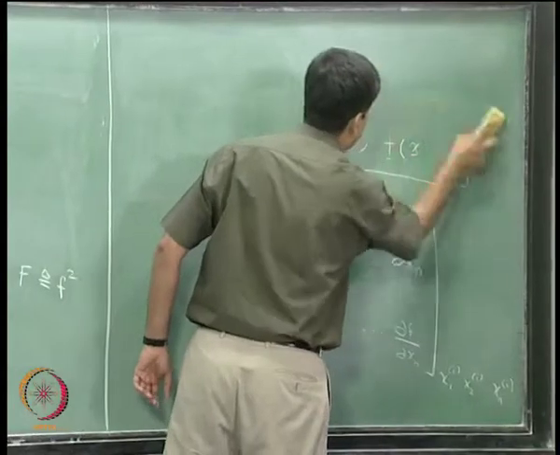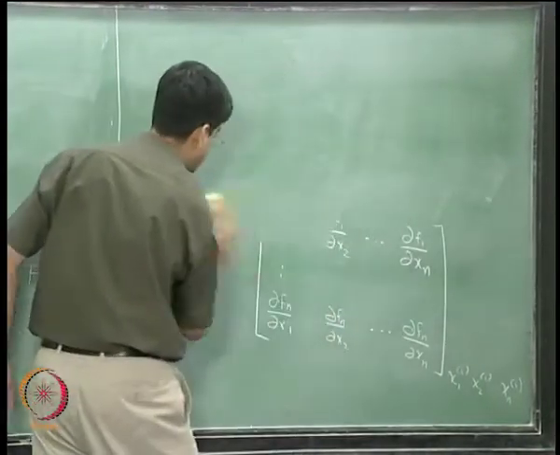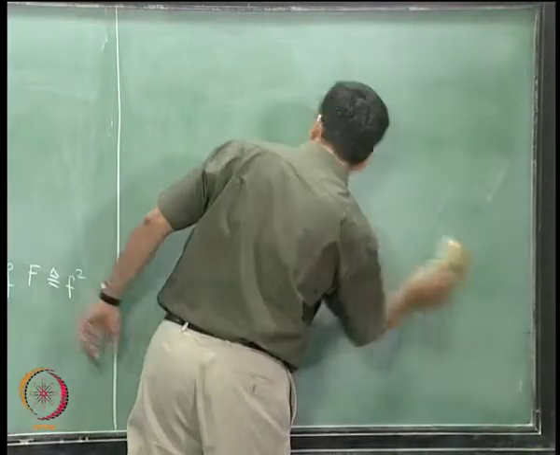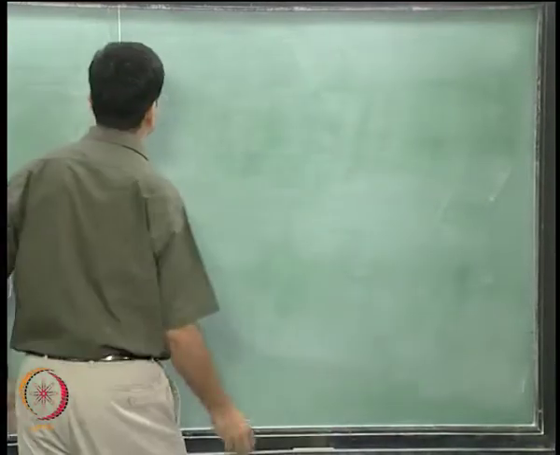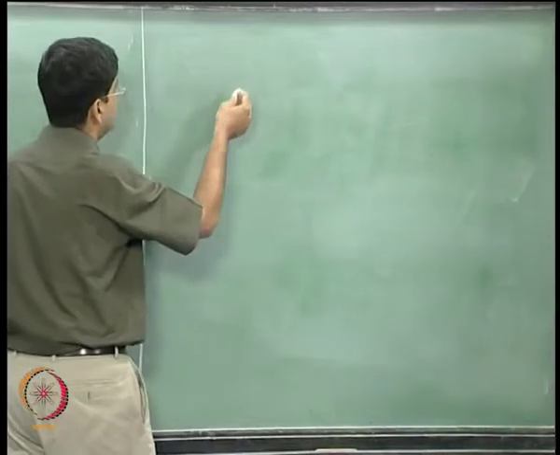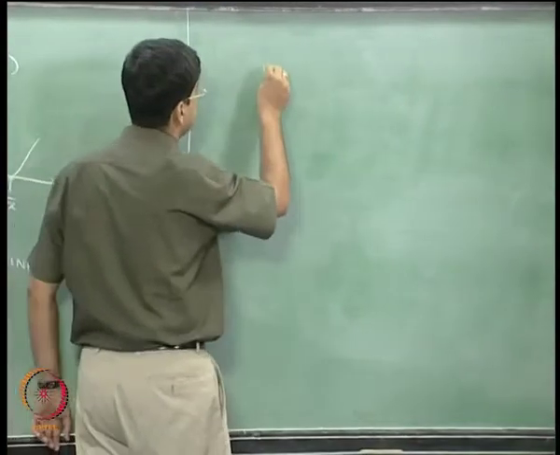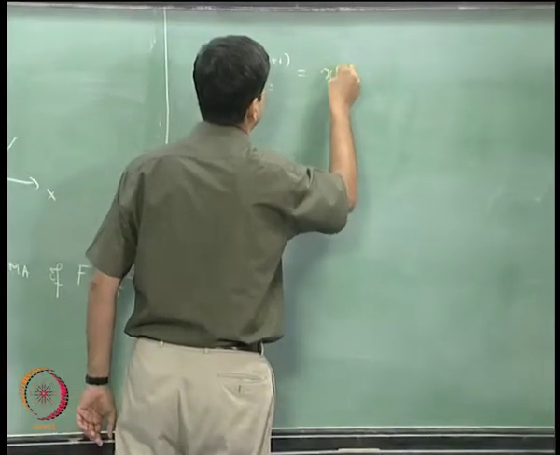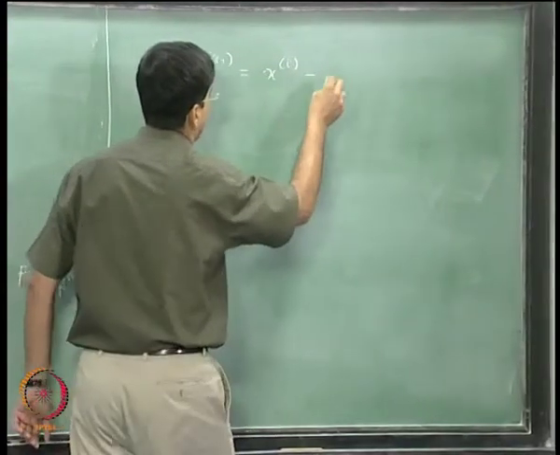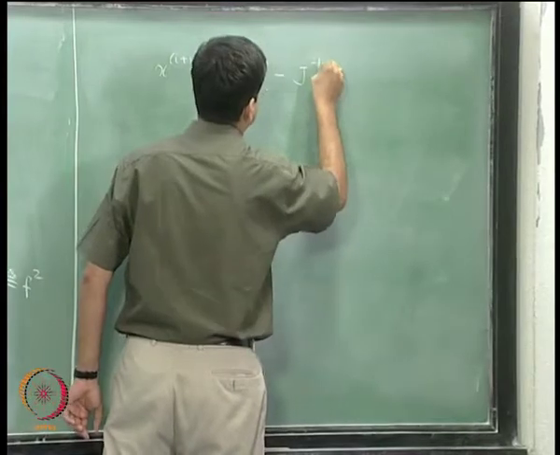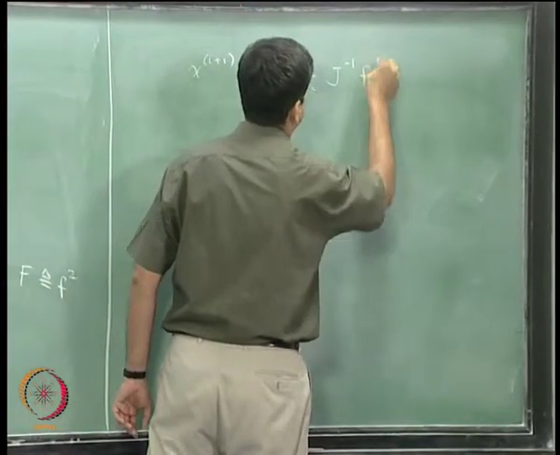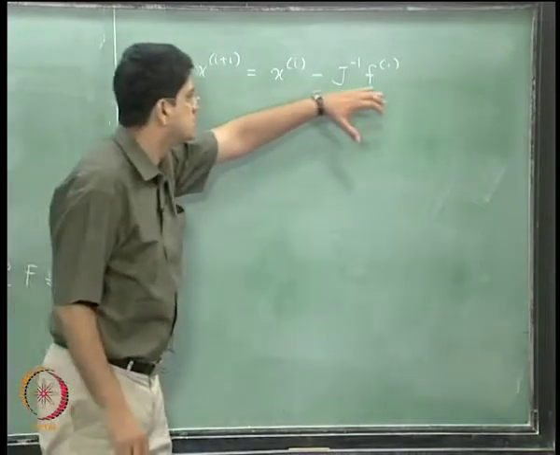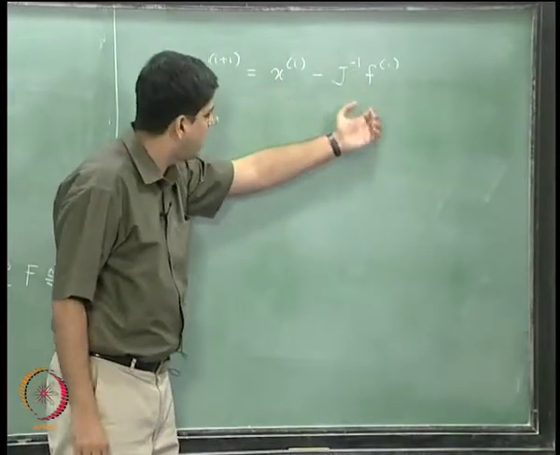Okay, and one of the more straightforward ways of getting around this is basically using this result. What I am going to show next comes out of this particular result itself. For the multivariable case, what we derived is x_{i+1} equals x_i minus J inverse f computed at x_i.